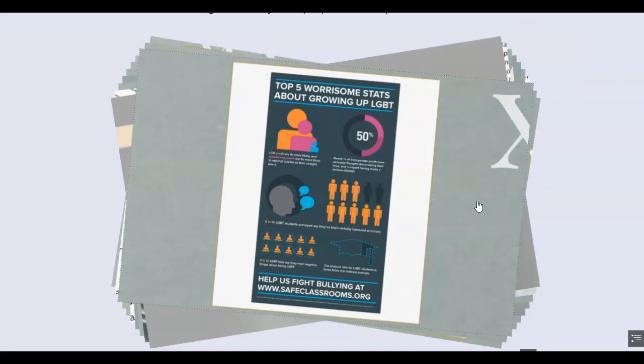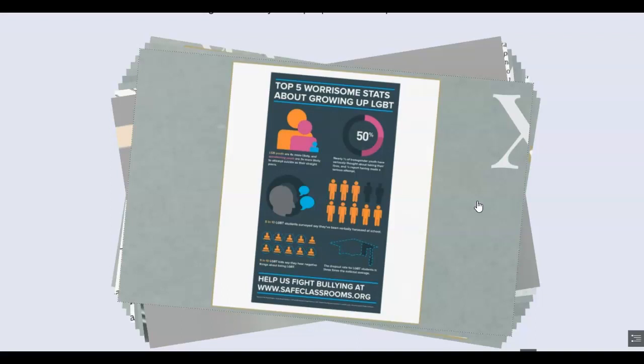All right, so here's some more statistics. Top 5 worrisome stats about growing up LGBT. LGB youth are 4 times more likely, and questioning youth are 3 times more likely, to attempt suicide than their straight peers.